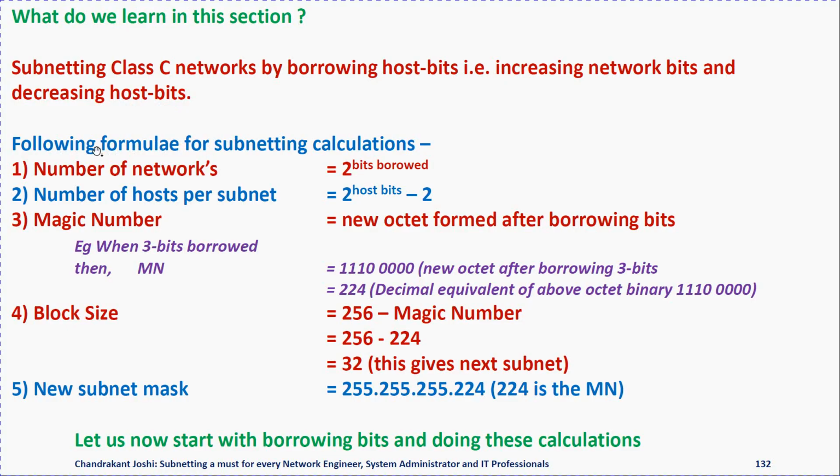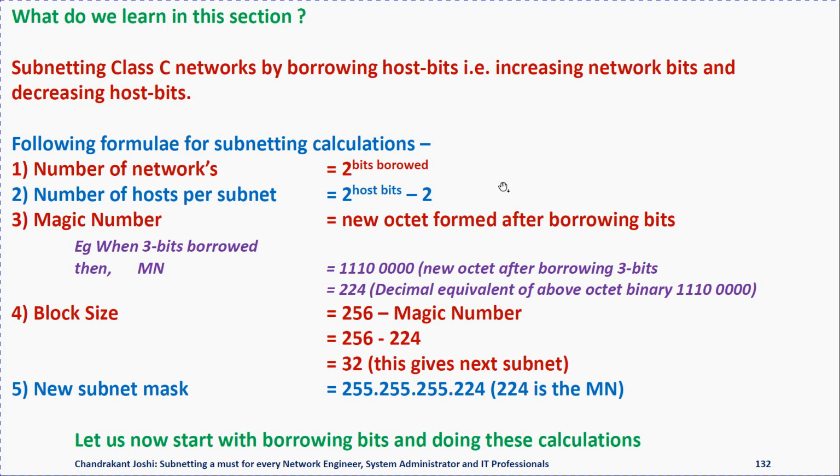For studying subnetting we need to learn these formulae for the calculations. For the number of networks, the formula is 2 to the power of bits borrowed. If I borrow 1 bit, it will be 2 power 1, which is 2. If I borrow 2 bits, it will be 2 power 2 equal to 4, and so on. For the number of hosts per subnet, the formula is 2 power host bits minus 2.